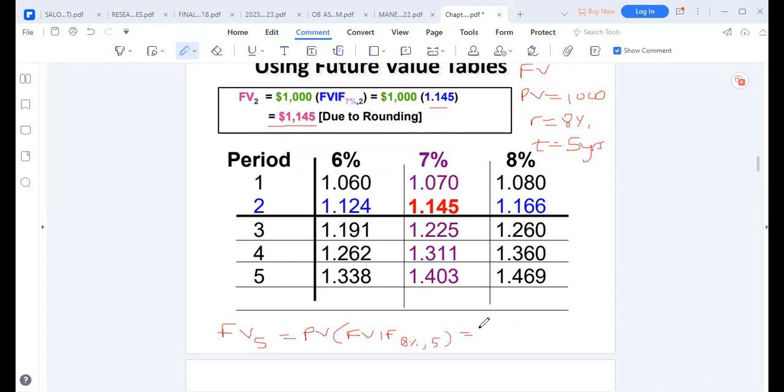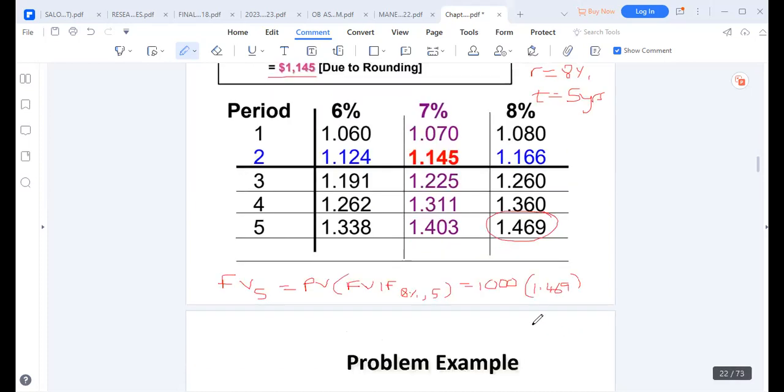For 1,000, we're going to check under 8% and under 5. We have 1.469. So if we multiply that, it gives us 1469 as our future value.